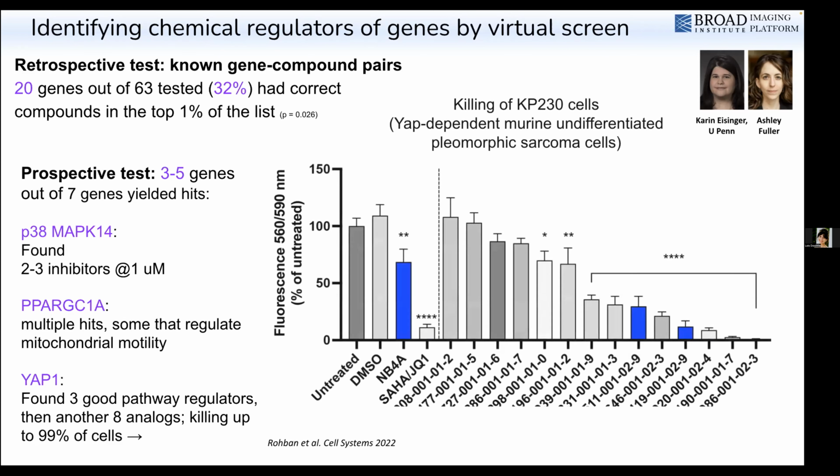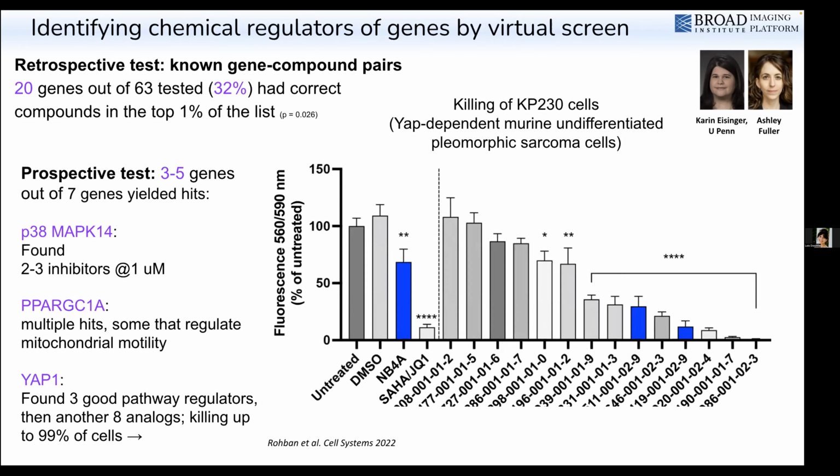One of these was especially exciting. It's a collaboration together with Karen Eisinger at UPenn, focused on hippo pathway regulators. We found 3 really nice regulators, and then we could do a little bit of medicinal chemistry using some analogs that already existed in our library. We tested those, and we found that we could kill sarcoma cells. So these are a YAP-dependent sarcoma cell line, and it's really hard to kill.